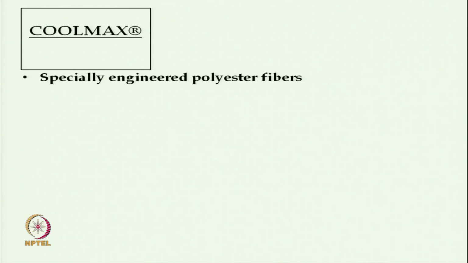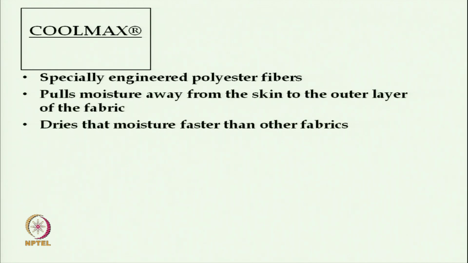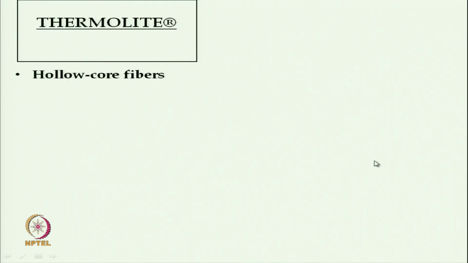Coolmax is another commercial product, a specially designed polyester fiber. It is made of polyester. It pulls moisture away from the skin to the outer layer, and dries the moisture faster than other fabrics as per their literature.